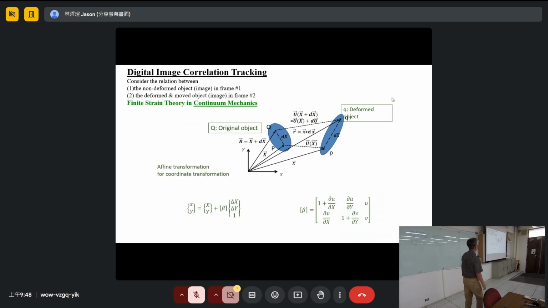Then instead of just including displacement, they included rotation and shear information. They set up a more complex function here: from here to here, displacement in x and y, we don't know. du/dx is the stretching in the x direction, dv/dy is the stretching in the y direction.